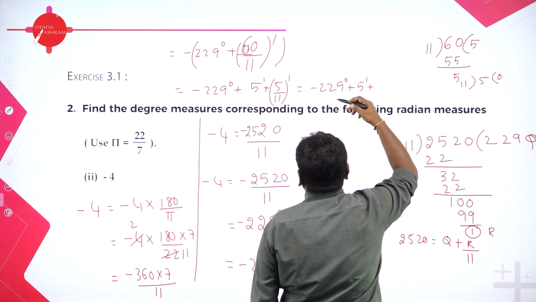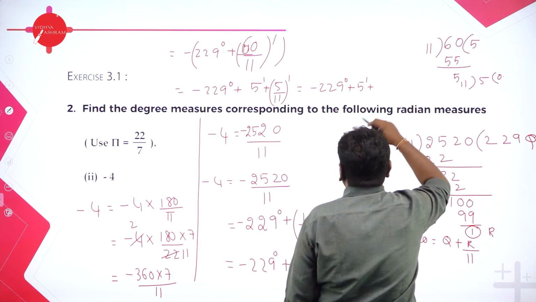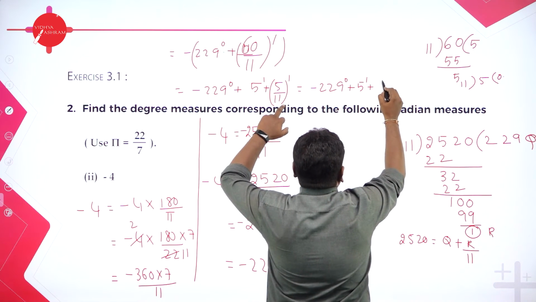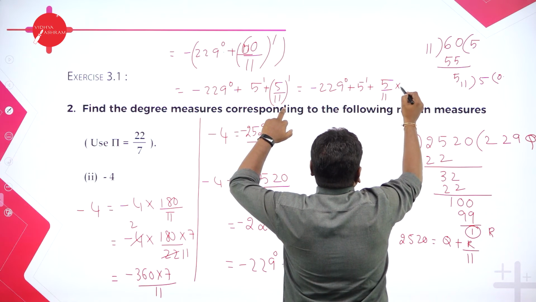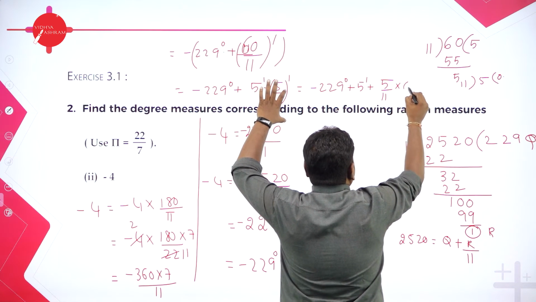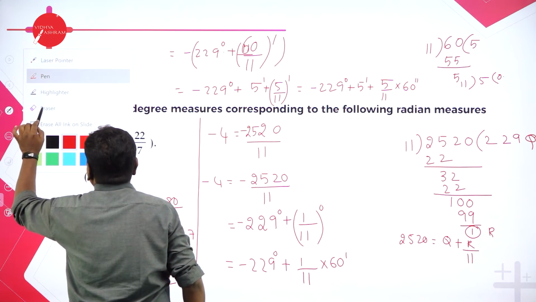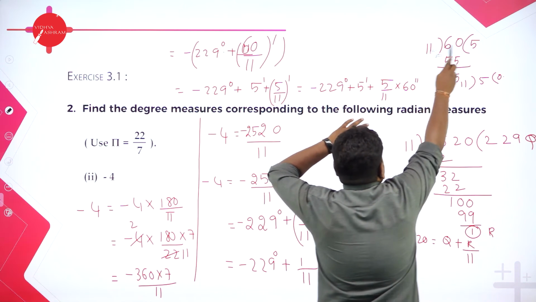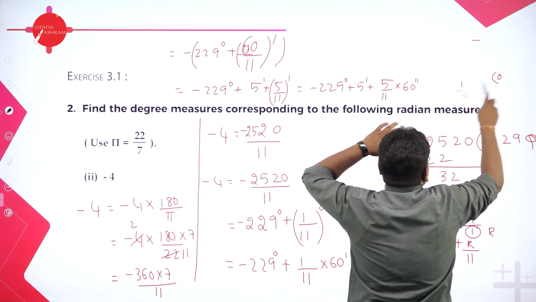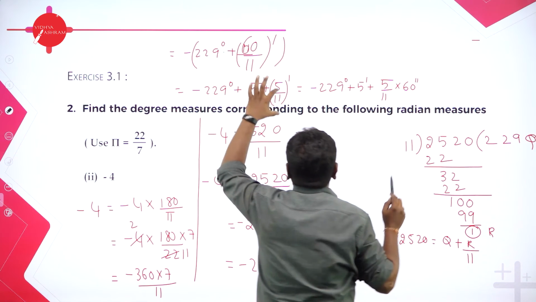So 5 by 11, seconds you want to convert, multiply by 60. So this 5 by 11 into, 1 minute is 60 seconds, I will multiply 60 seconds. See here, I want to further simplify. Simplification is easy here. This is in minutes.